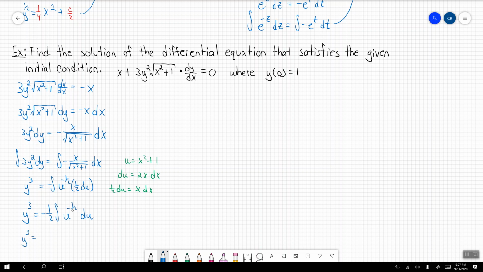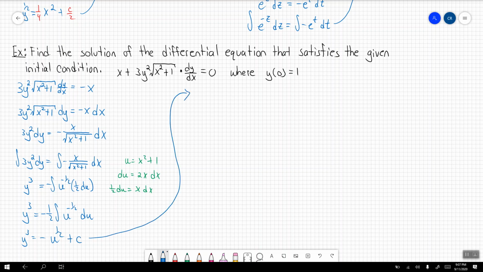We add 1 to the exponent, so negative 1/2 plus 1 is 1/2, and then we divide by that new exponent, which is dividing by 1/2. In other words, we're multiplying by 2, so we then just get negative u to the power of 1/2 plus c.